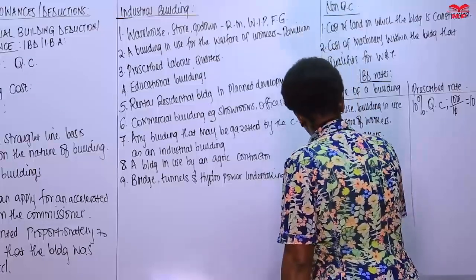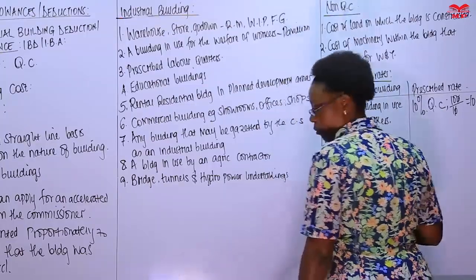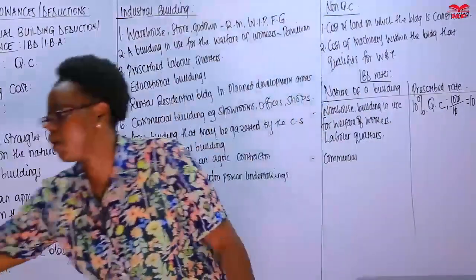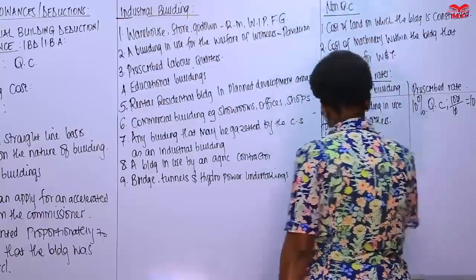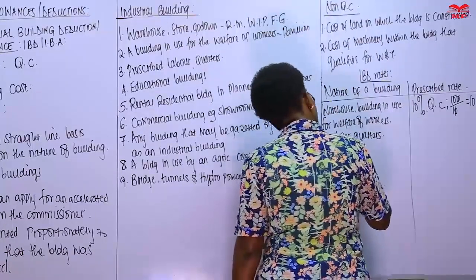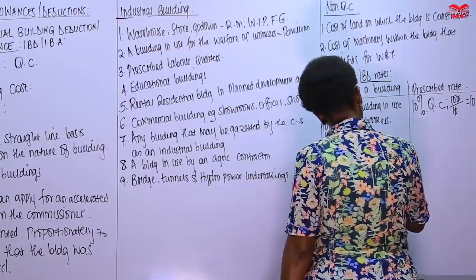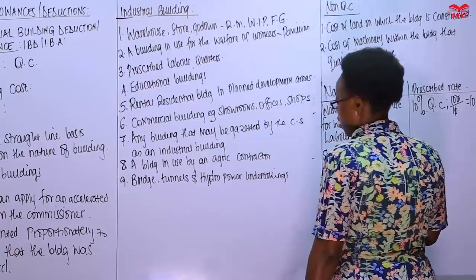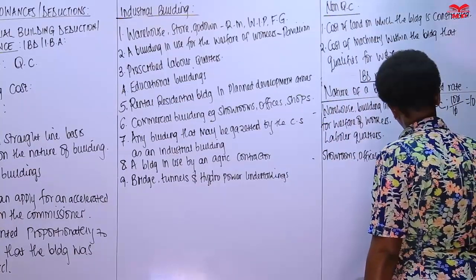Then we have commercial buildings, where we specify the showroom and the offices. That will qualify at 25%.